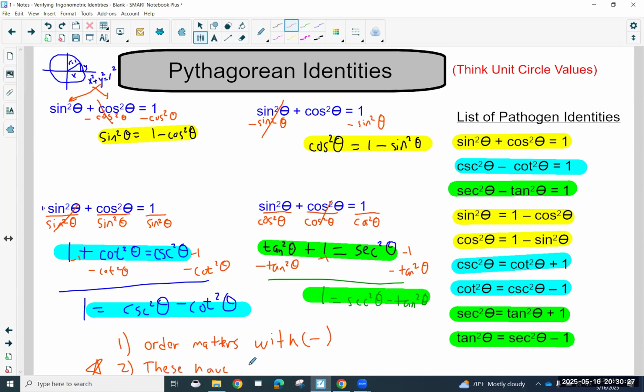That's how they work. So for instance, sine of theta does not equal 1 minus cosine, right? That's a logical fallacy kids make all the time. They have to be squared. This is not possible.